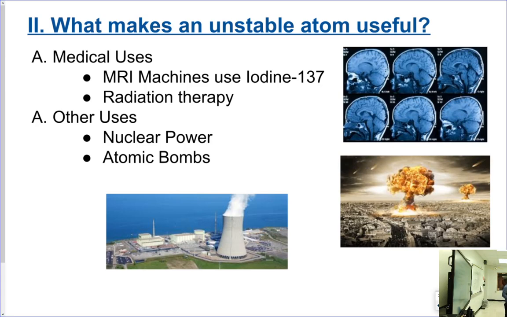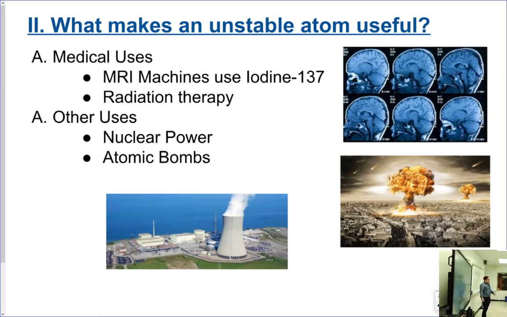What makes an unstable atom useful? Off the top of my head, I can think of two big uses in medicine. I'm assuming there's more. If you ever go into an MRI machine and they make you take a pill or a syringe of iodine 137, which is heavy iodine, that's what the MRI machine reads: where is that iodine 137 when you're in that machine.